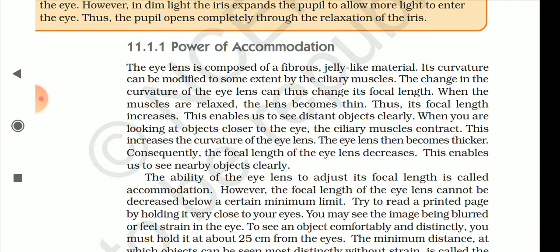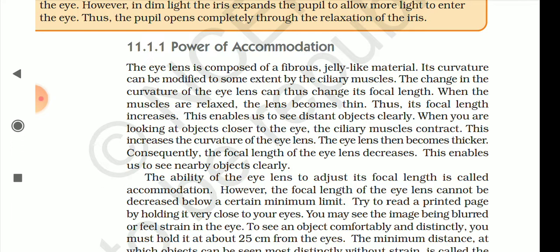As I told you, the ciliary muscles are responsible for the stretching of the eyeballs. The change in the curvature of the eye lens can thus change its focal length, so the ciliary muscles are responsible for the change in focal length.